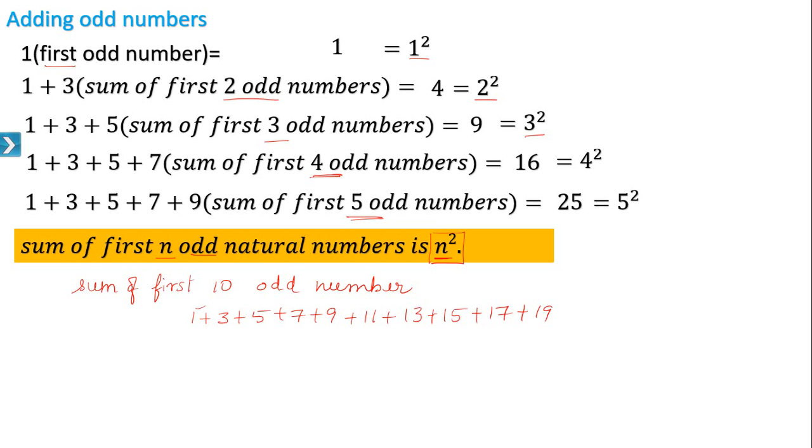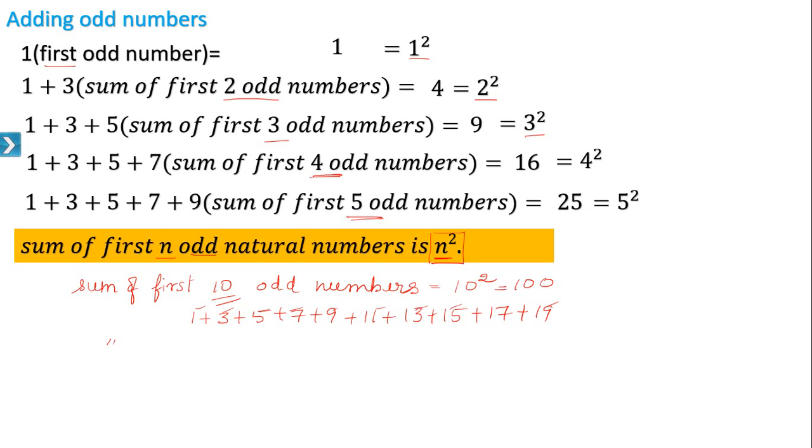That is 1, 2, 3, 4, 5, 6, 7, 8, 9, 10. It means we have to add odd numbers from 1 to 19. So without adding, we can say the sum of the first 10 odd numbers is equal to 10 square, that is 100.